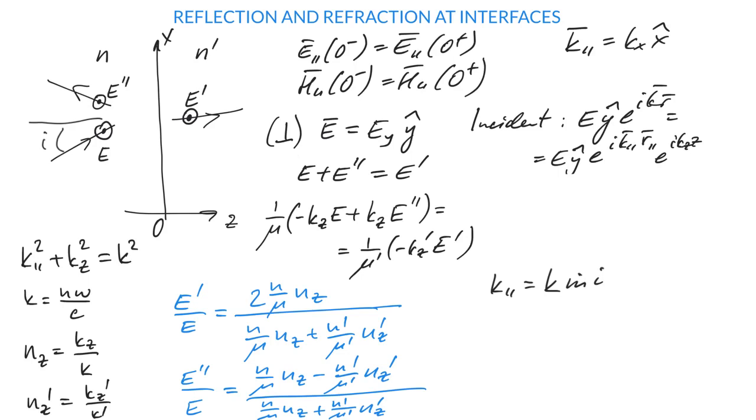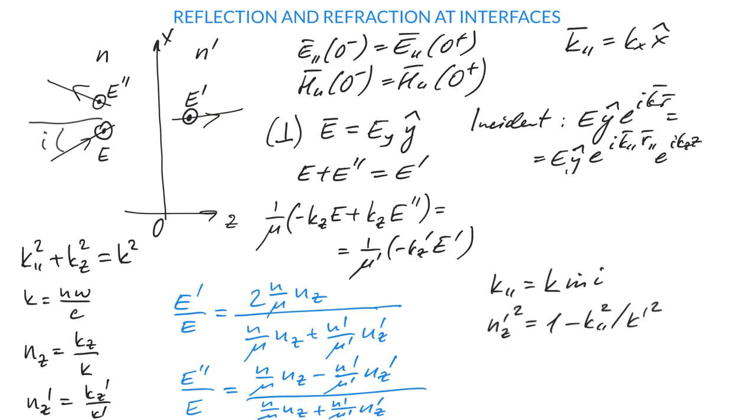Now we can use the equation on the right-hand side of the interface to write nz prime squared equals 1 minus k parallel squared divided by k prime squared.